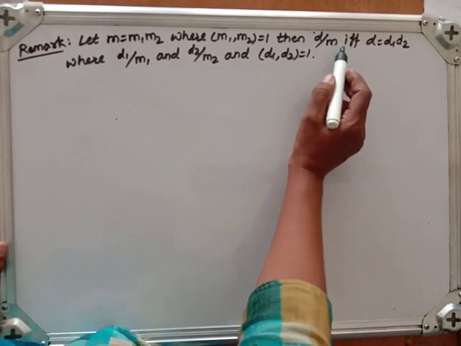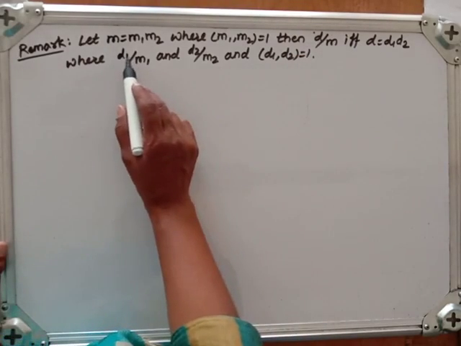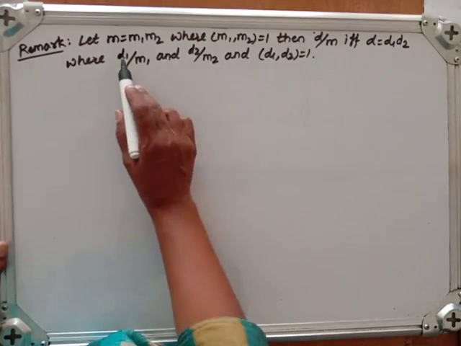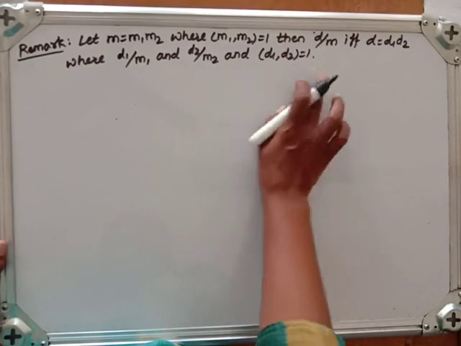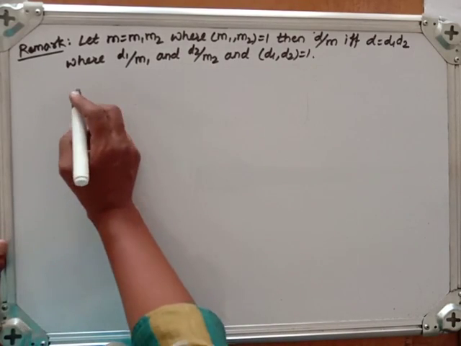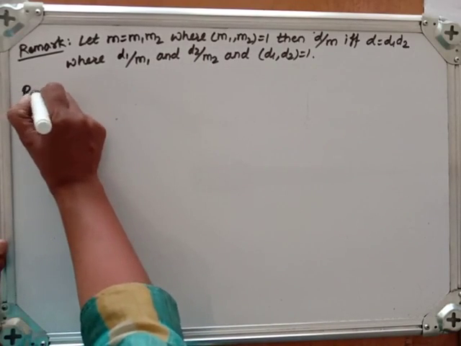So if d divides m, then d can be written as d1 d2, then d1 divides m1 and d2 also divides m2, and these are relatively prime. Fine.